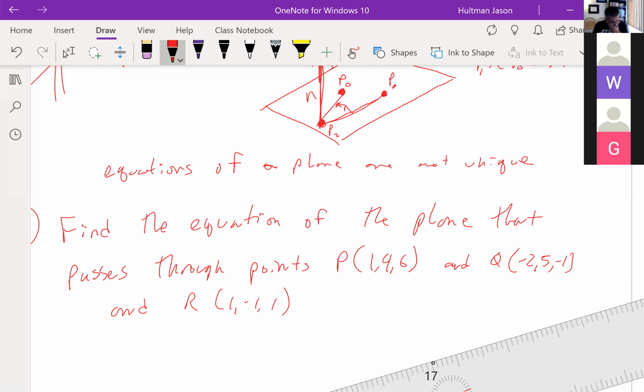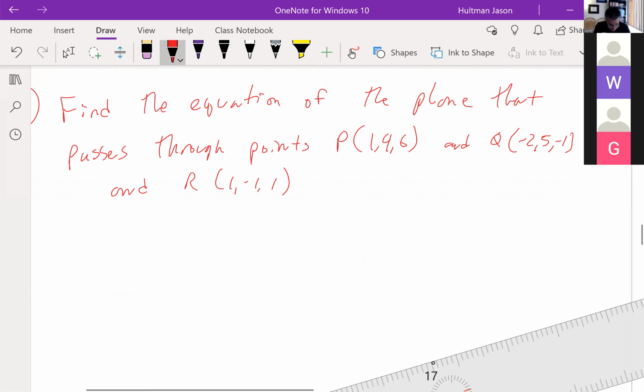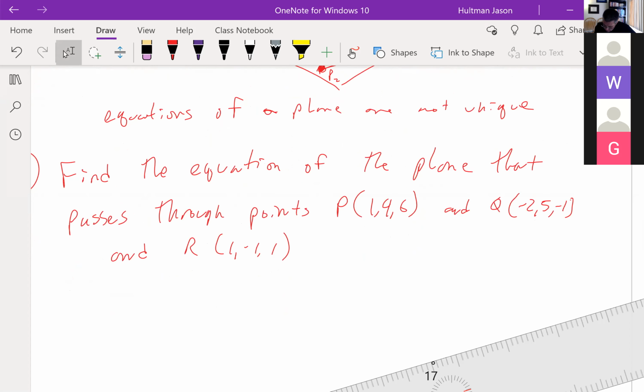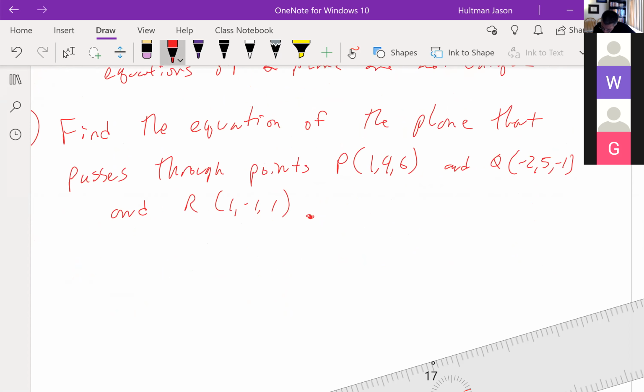So what I need to do here is find the normal vector. How could I find a normal vector? Well, if we have points P, Q, and R in 3-space, then if I look at the vector PQ and the vector PR, couldn't I cross those and get N?